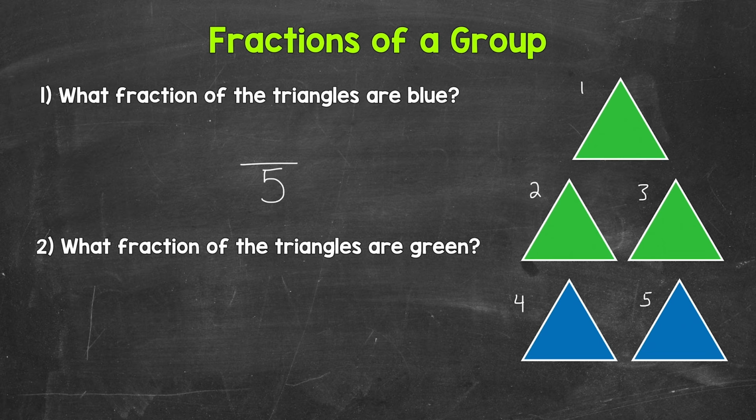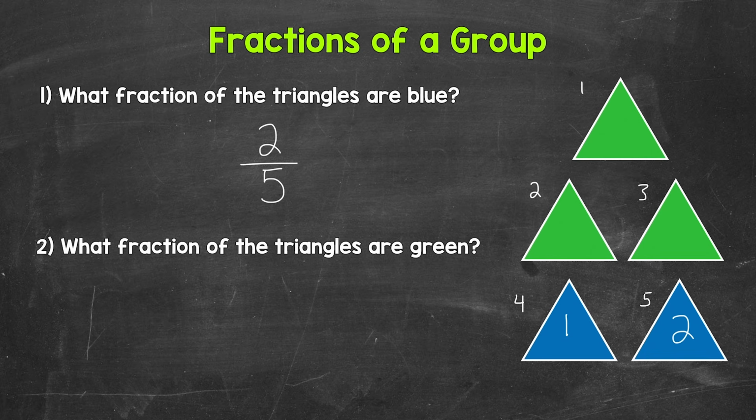Now we need what fraction of that total amount of triangles are blue. Here's one blue triangle, and here's two blue triangles. So 2 out of the 5 triangles are blue. 2 is our numerator. So what fraction of the triangles are blue? 2/5.